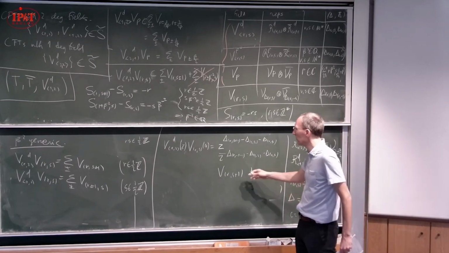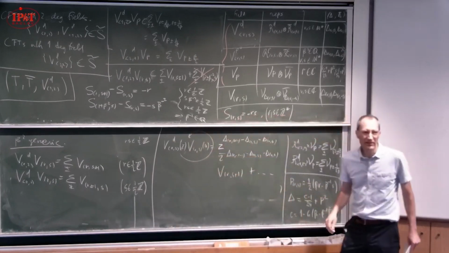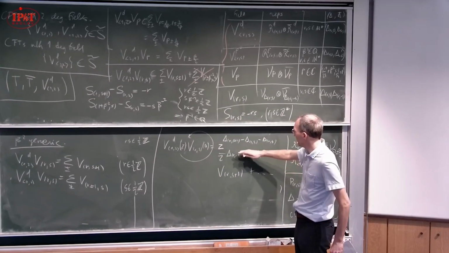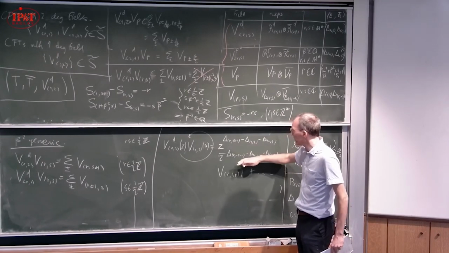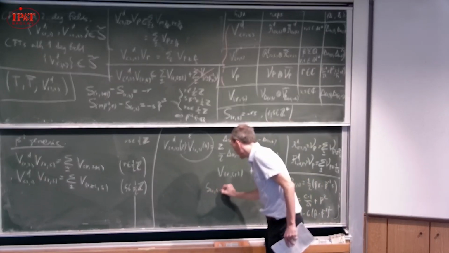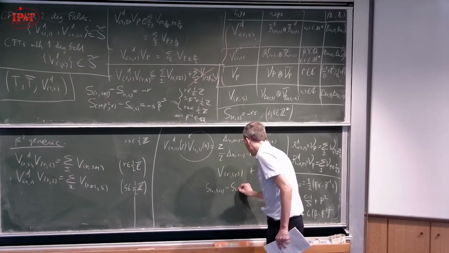And then I want to look at the monodromy of V1,2 around 0. So the monodromy is determined by the spins. So the difference of these dimensions is determined by this spin difference, S of RS plus 1 minus S of RS.